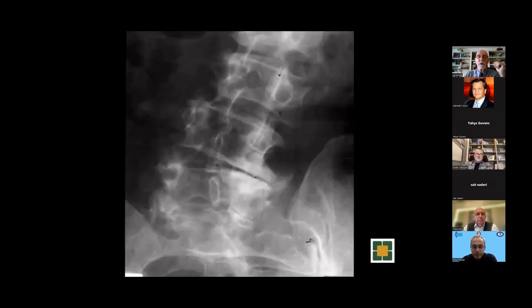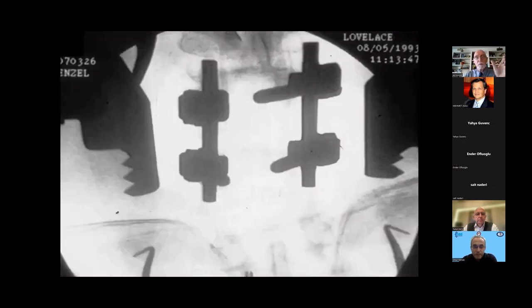So if we're going to place screws into this spine, we must be cognizant of this rotatory component and henceforth place the screws at an angle on this patient's right and almost straight in on this patient's left.